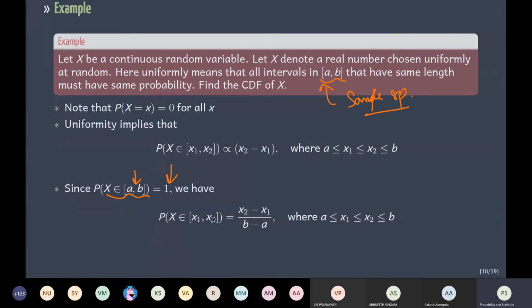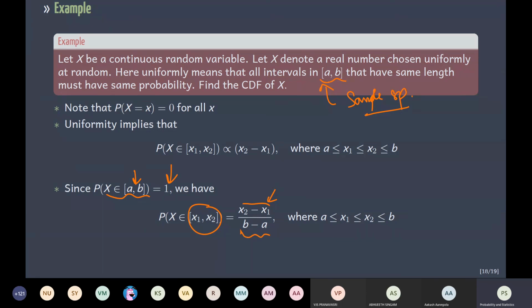So the probability that x lies between x1 and x2 is the length of the interval for which we are seeking the probability, x2 minus x1, divided by the length of the original interval, the sample space.